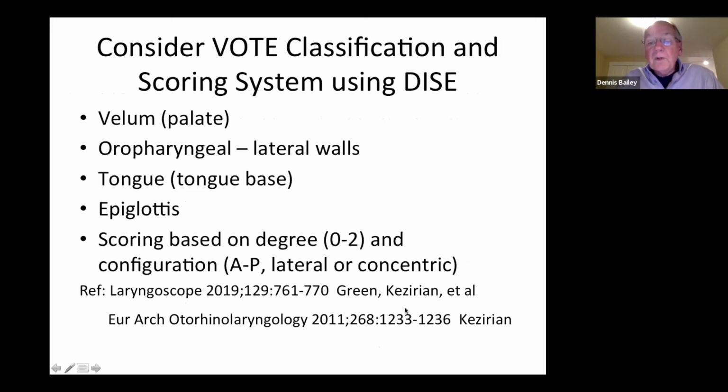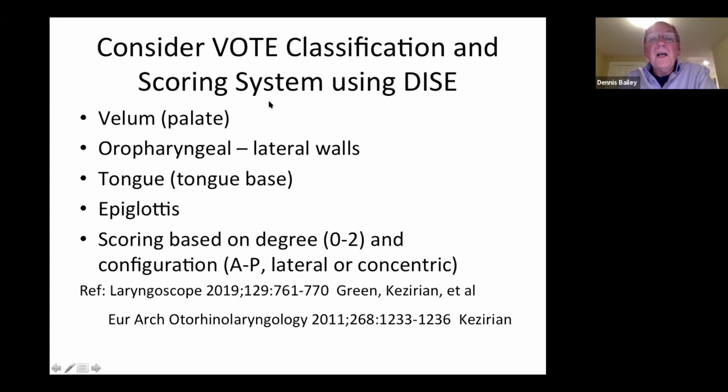My go-to person is Dr. Eric Kezirian, who's at the University of Southern California. Eric's a wonderful guy, lectured for a study group that we did many years ago at UCLA, but nonetheless, he and I have been communicating recently about this concentric aspect or concentric collapse of the soft palate. And there's some interesting stuff I want to share with you.